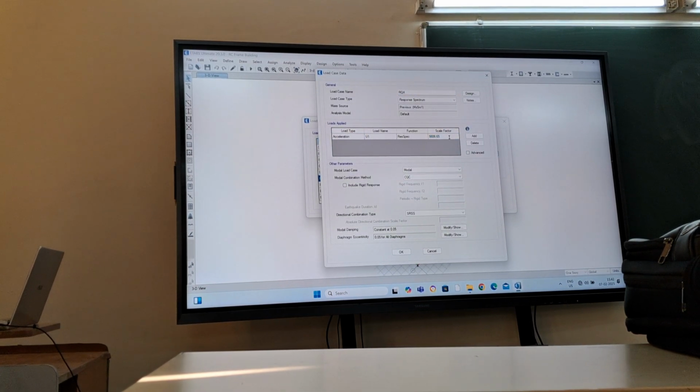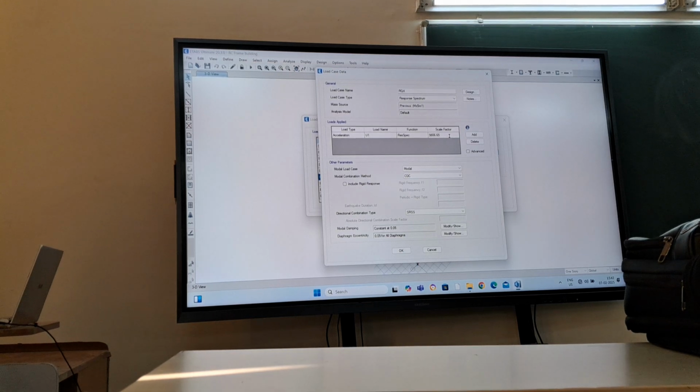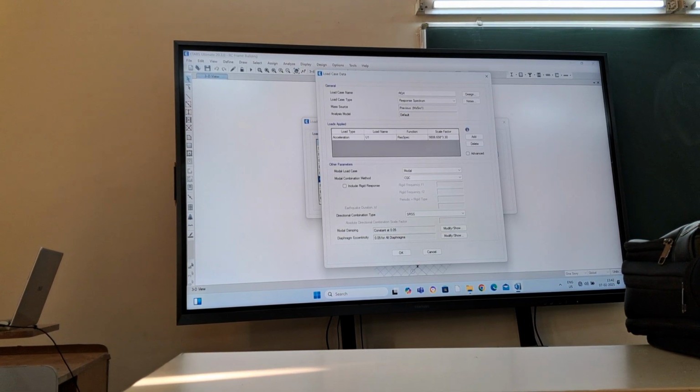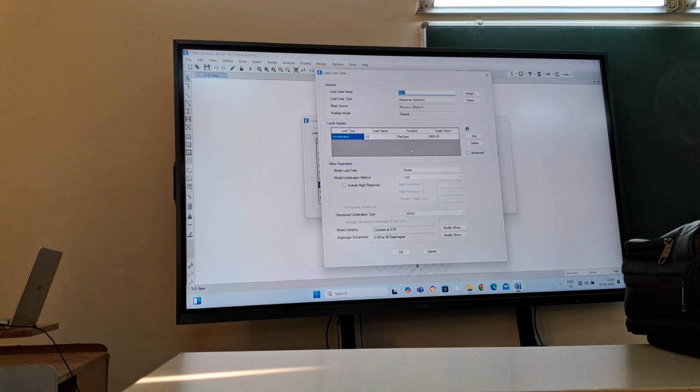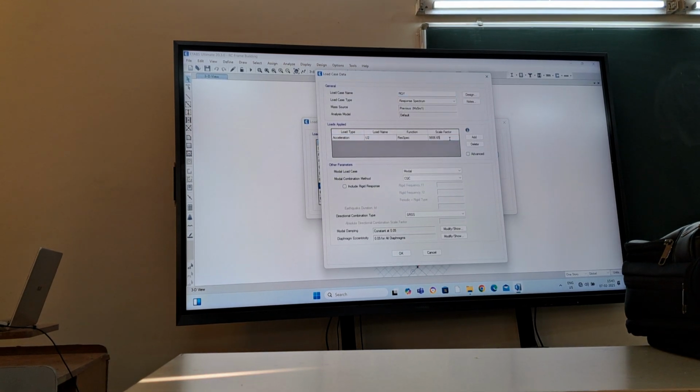So here we have to multiply 3.30 with the existing scale factor. And how much are you getting for y? 2.717.